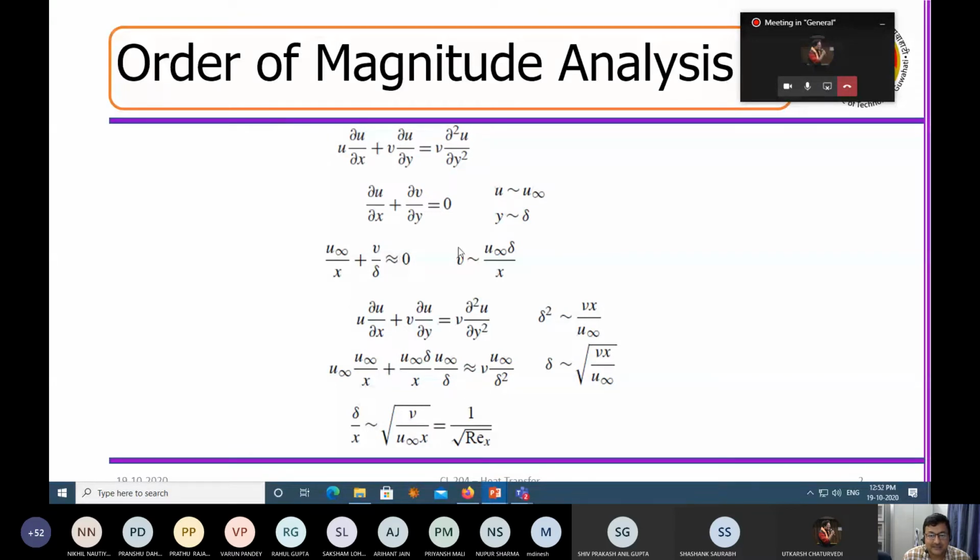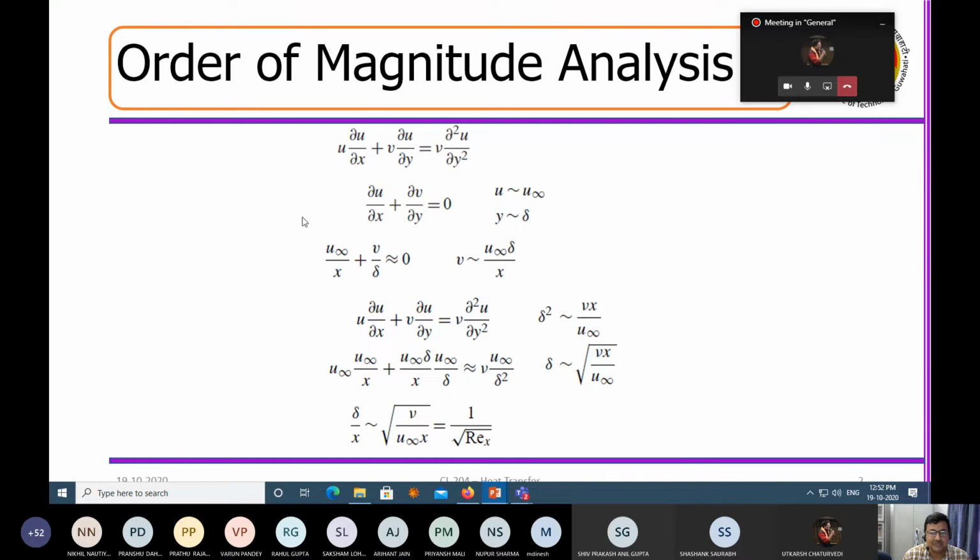Now, if I plug this v into this equation, I get delta square equal to mu x by u infinity. So you see that I don't do anything else. This particular equation, delta by x equal to 5 by Re to the power half, I can simply obtain by plugging in some parameters. This is a very smart way of doing it. I just convert this differential equation to an approximate algebraic equation.